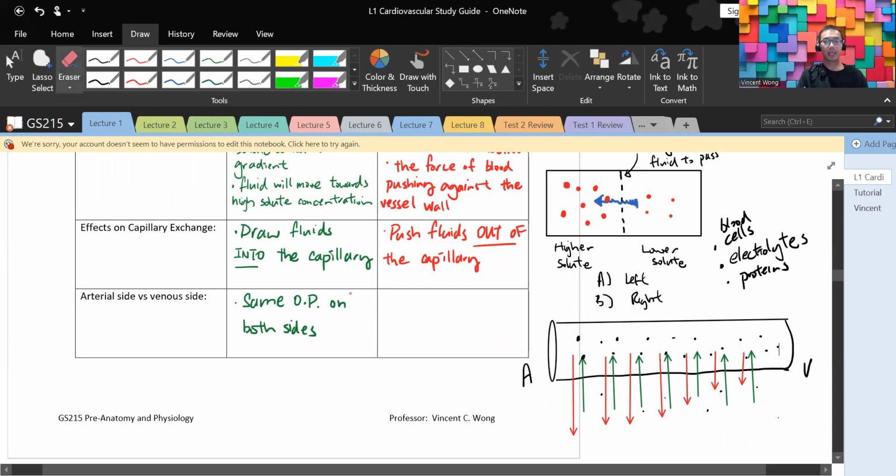So over here, blood pressure is higher on the arterial side than it is on the venous side.